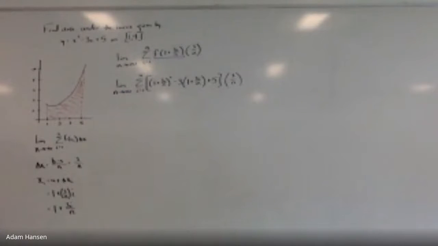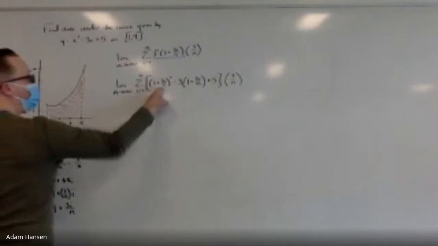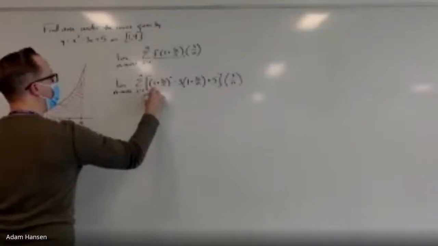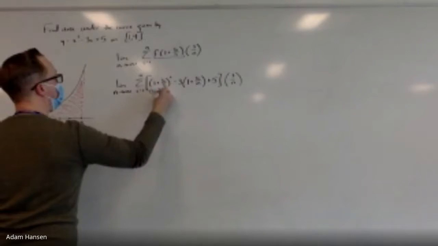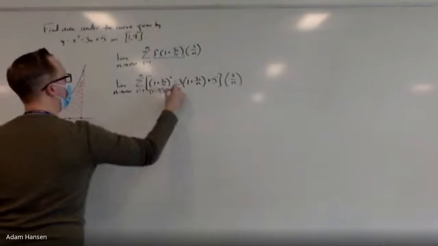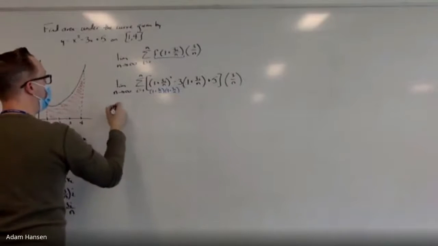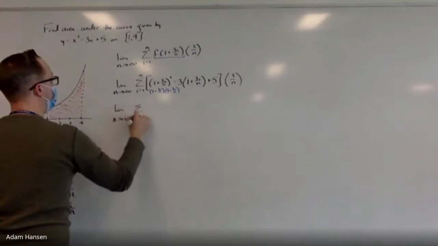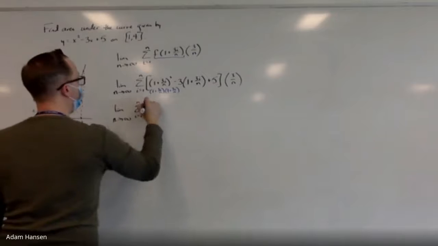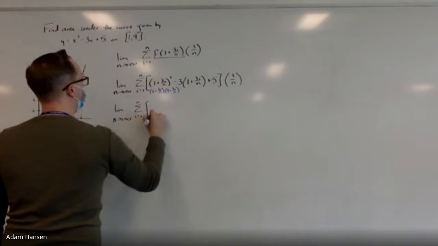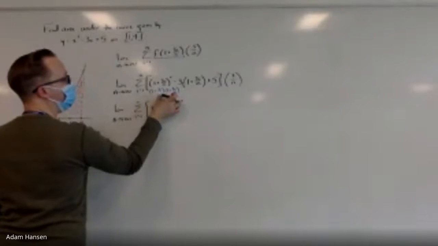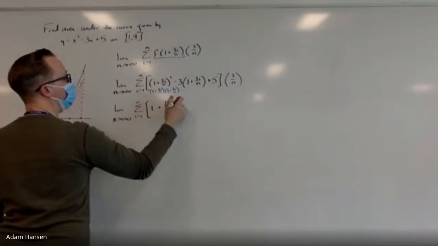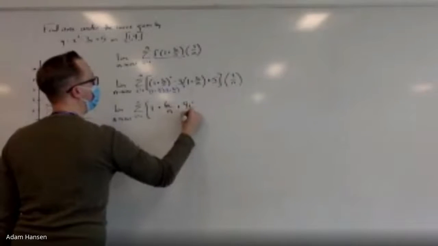Start expanding. I need to multiply and distribute 1 plus 3i over n times 1 plus 3i over n. See, that's 1, plus 3i over n, plus 3i over n, and 3i over n times another 3i over n, that's 9i squared over n squared.